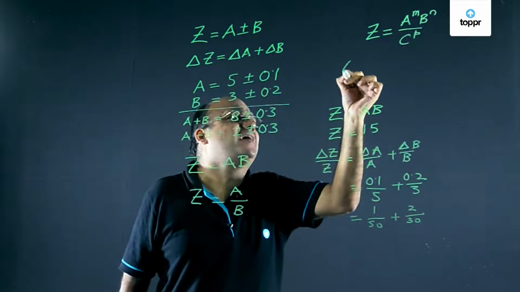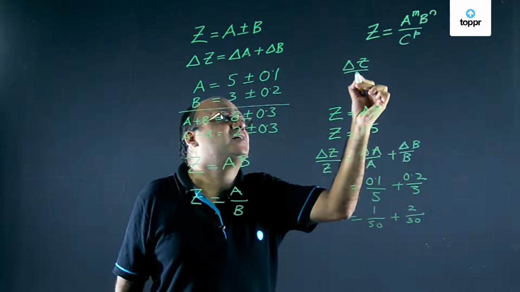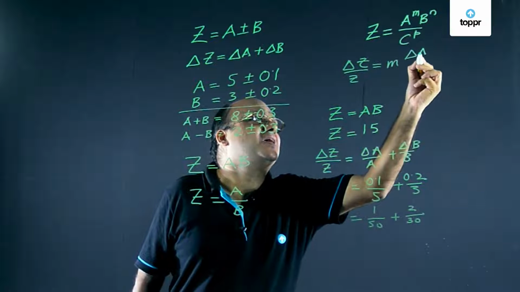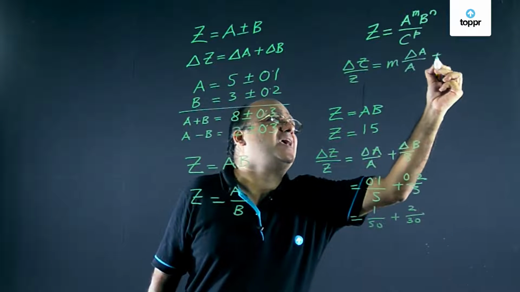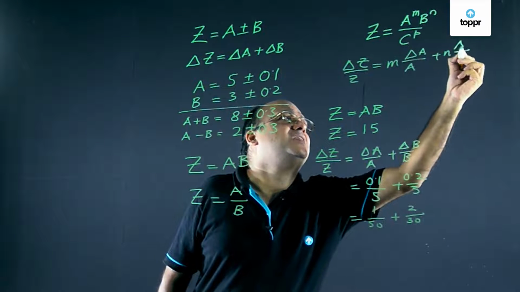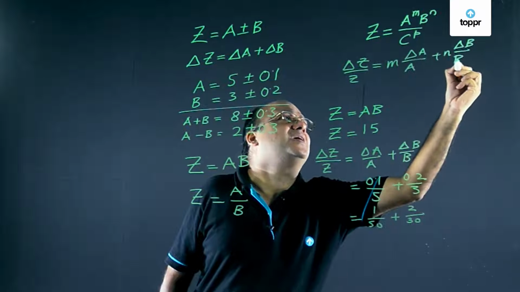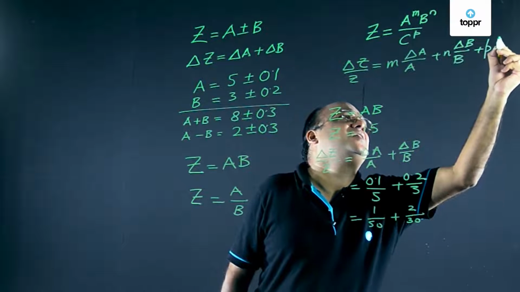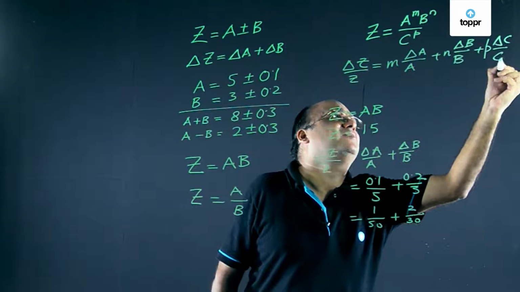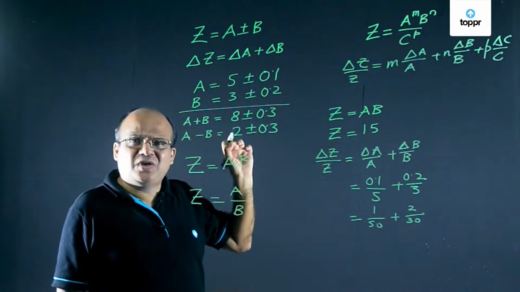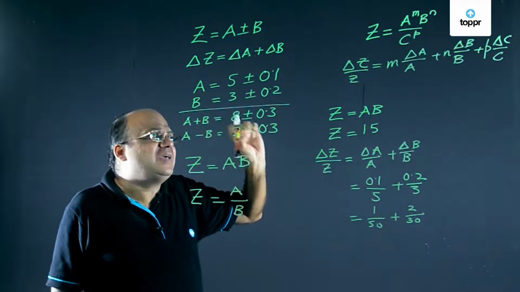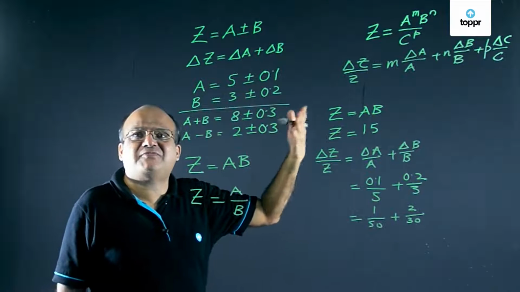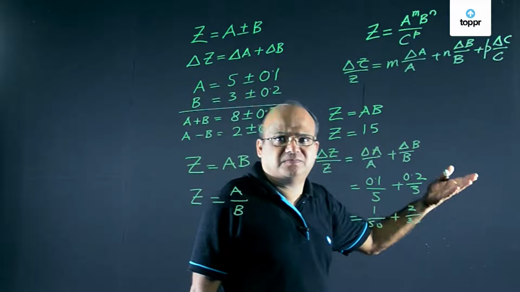So error in Z by Z will be M times error in A by A plus N times error in B by B and P times error in C by C. So here the power becomes the coefficient and then the fractional errors come in each term.